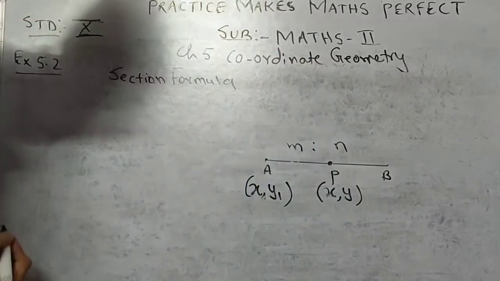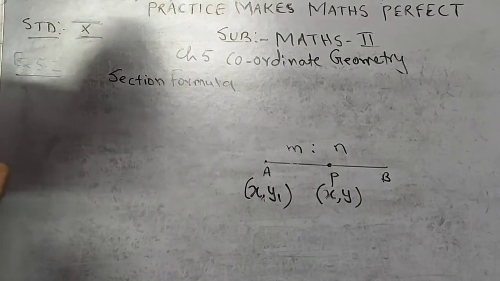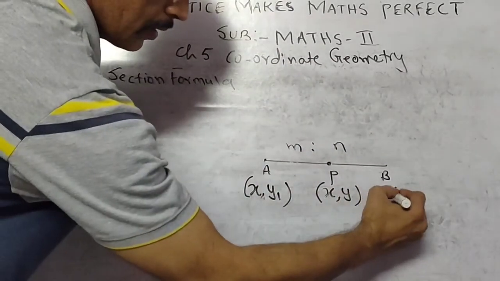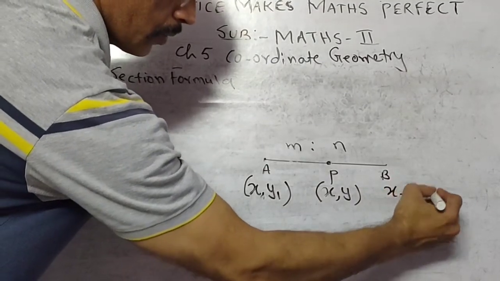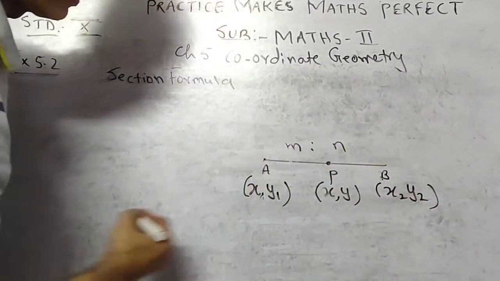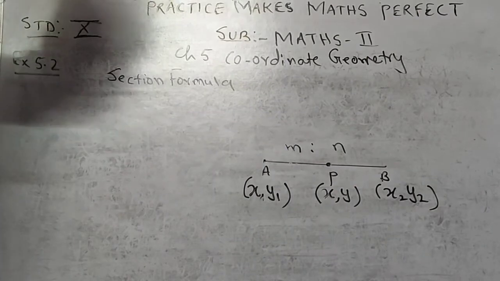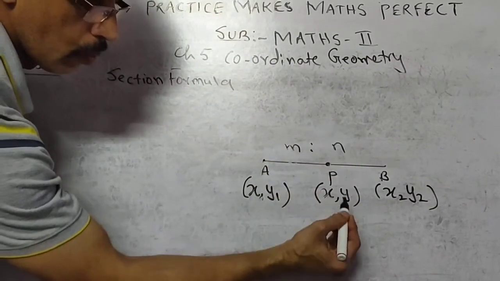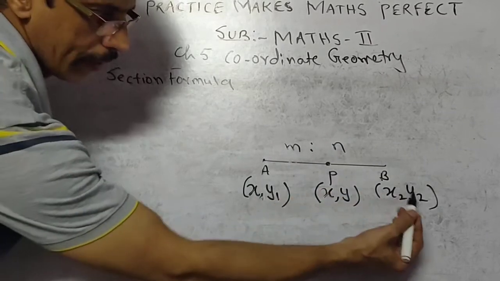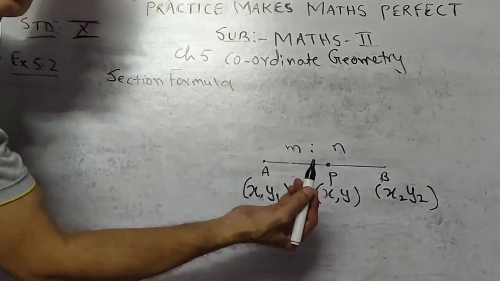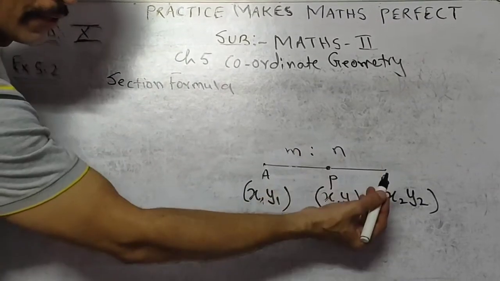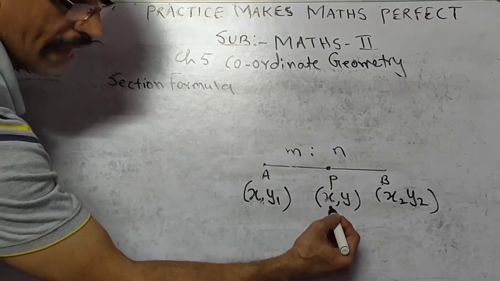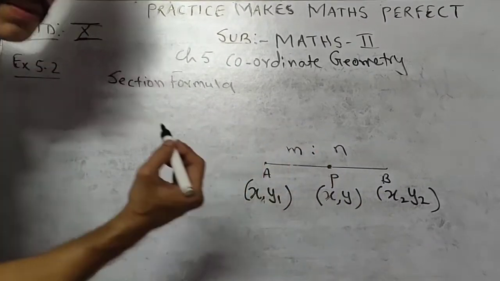And coordinate of B will be x2, y2. In this manner you have to take the coordinates. So point P coordinate is x, y. Sometimes these two will be given to you, and you have to find the value of x and y.